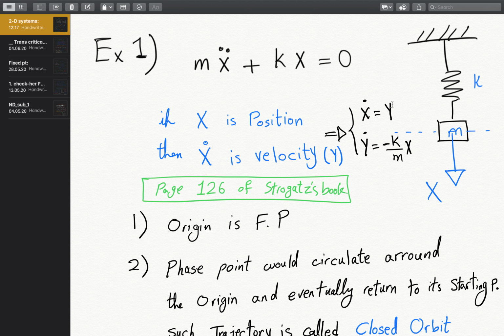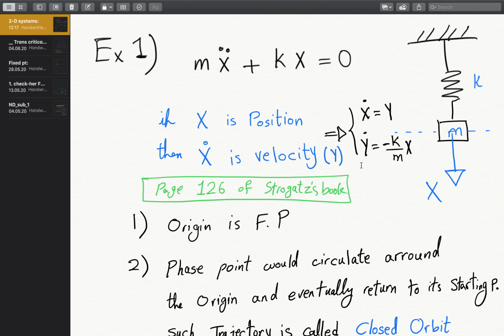If I call the velocity y, then x dot is equal to y. So what is y dot? y dot is x double dot, and if I bring this to this part, then it's minus kx over m.